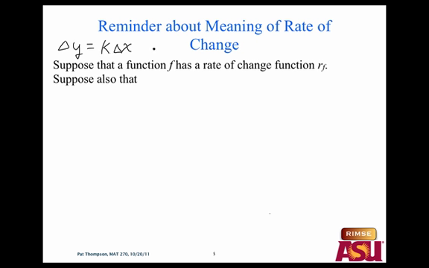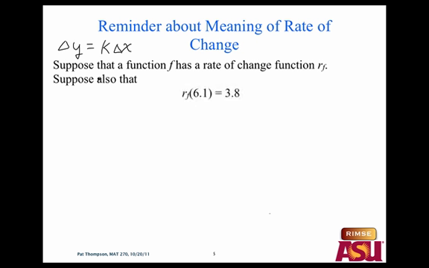So now we don't have constant rate of change, but if we take h values small enough, we can get good estimates assuming constant rate of change. Because remember we said with a curve, if you zoom in close enough, it appears to be straight. So that's the idea that if delta x is small enough, we can get very good estimates because of local linearity using constant rate of change. So here's a situation.